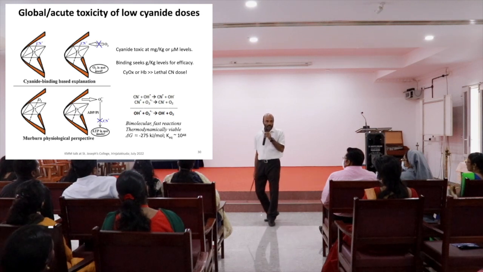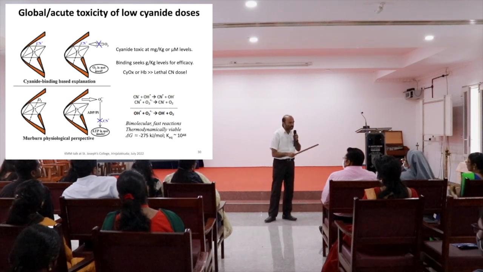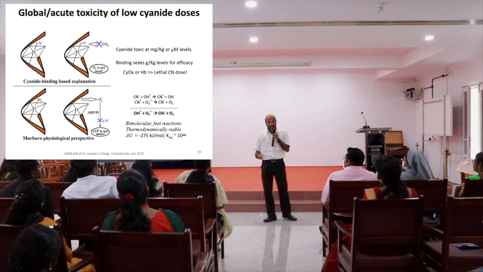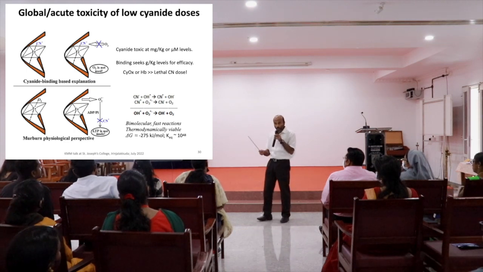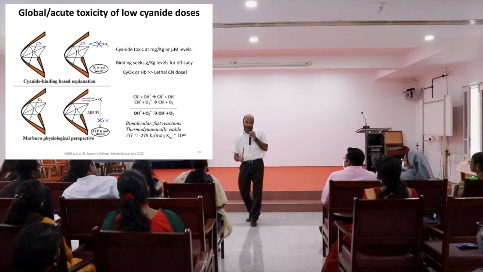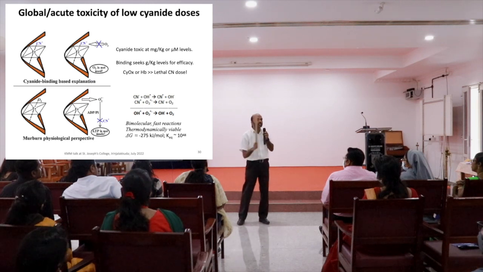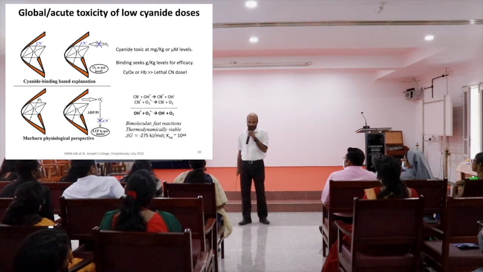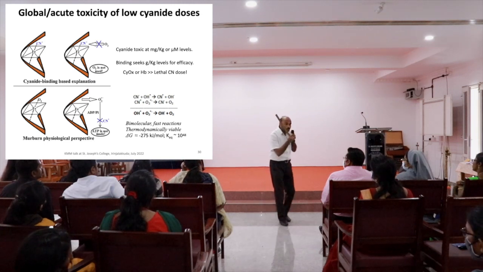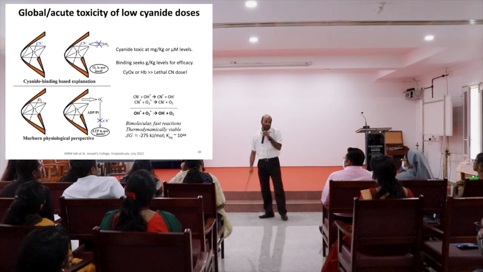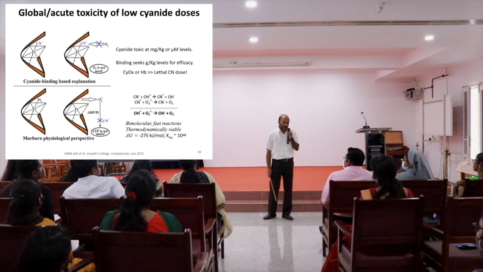Cyanide. You all biochemists, you confirm mechanism using inhibitors, right? Now you know cyanide kills. It inhibits a vast majority of biological activities. Now it does so at milligram per kg or micromolar levels.